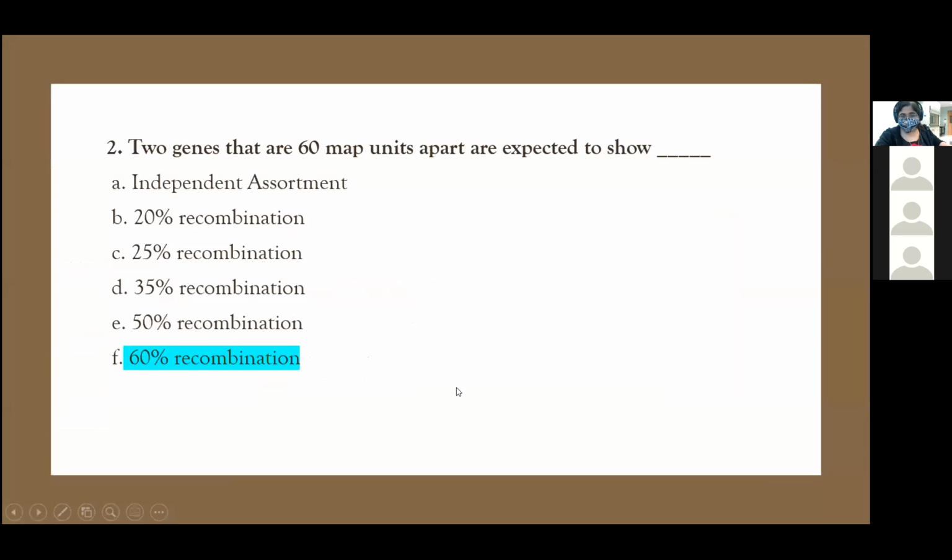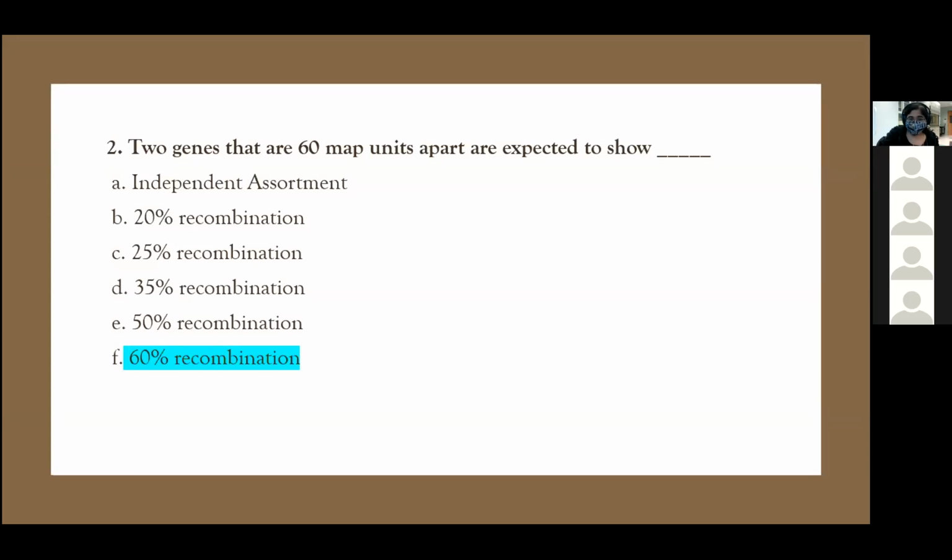So when it comes to these kinds of questions, one map unit is equal to one percent recombination frequency, right?